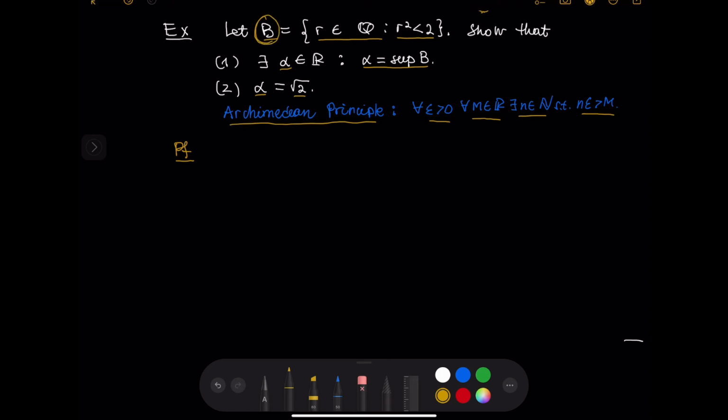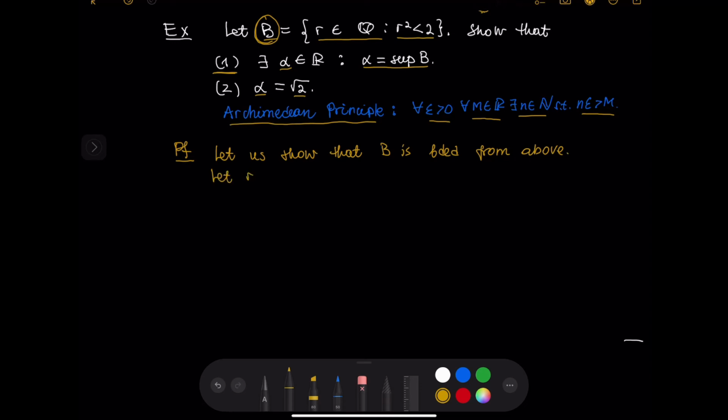So to prove the first statement, what we need to show is that the set B is bounded from above. So let us show that B is bounded from above.